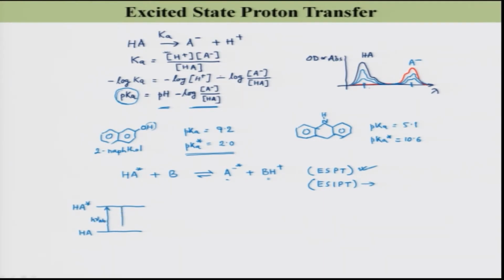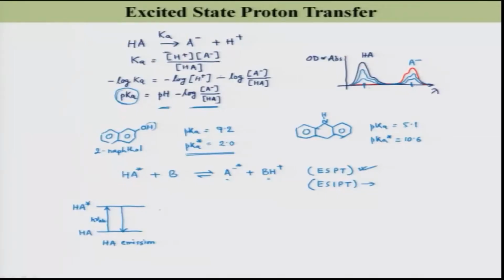If this proton can be donated to something else, fine, but otherwise it will come back to the ground state and give you the HA emission. Only in the presence of an acceptor of the proton will it donate. If you take HA alone in the gaseous state and excite it, it will not be able to donate the proton to anybody. Something has to be there to accept it.